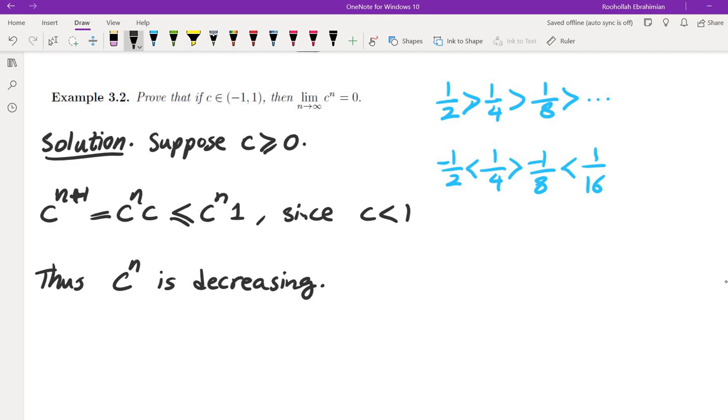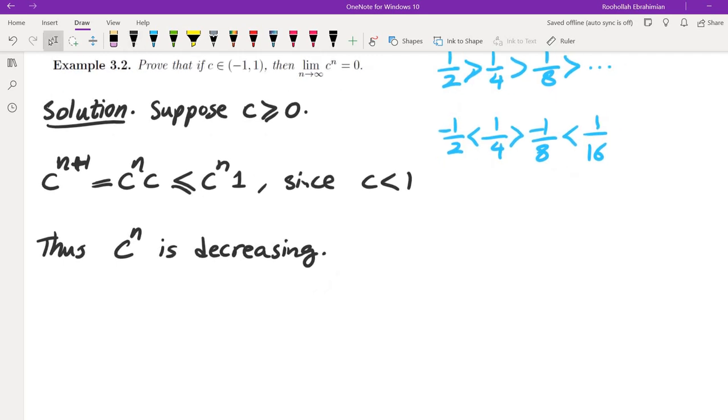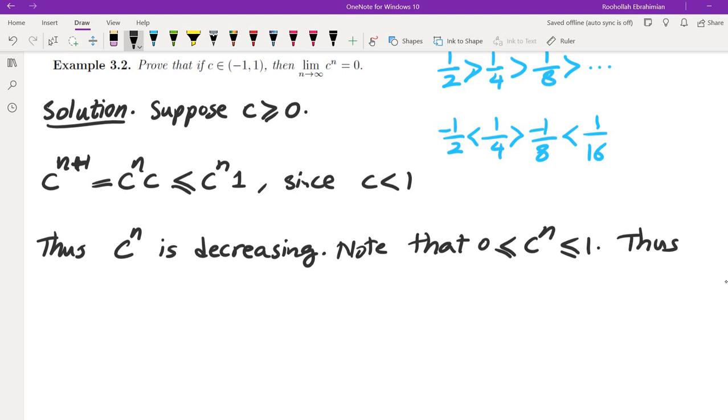So now that we have a decreasing sequence, what we can do is we can say that it does have a limit. We also know that it is bounded. So note that c to the n is between 0 and 1. Thus, and it's also not 1, but it doesn't really matter.